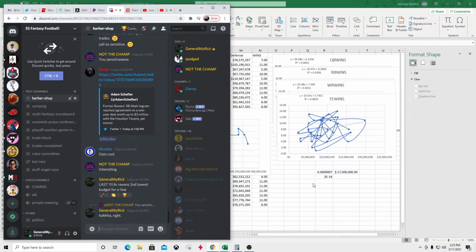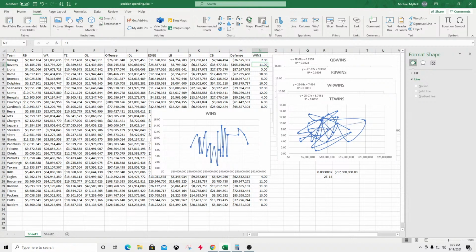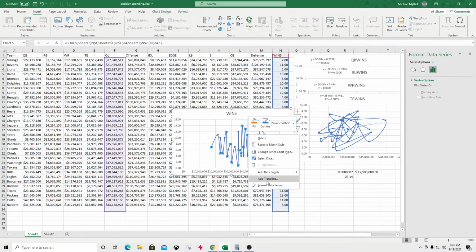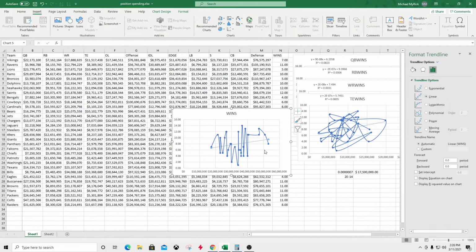One year, 3 million. Texans running backs. Spent 16 million last year. All right, O-line. All right.